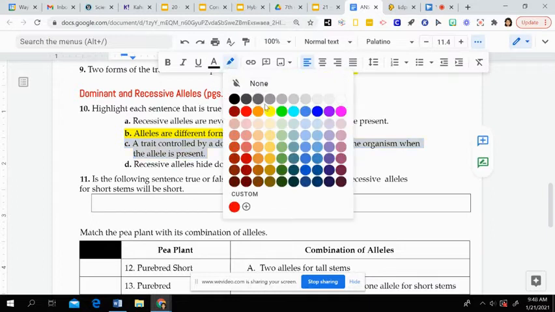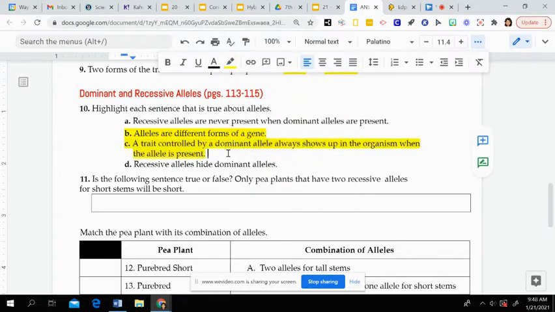That dominant allele is kind of the one in control. And then the two about the recessive alleles are false. Recessive alleles can be present when dominant alleles are present, but they get hidden. So recessive alleles don't hide dominant alleles. Dominant alleles hide recessive alleles.